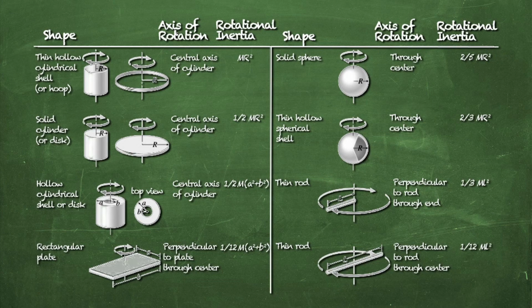The rotational inertia of a solid sphere is 2/5 of its mass times r squared. A hollow sphere, as you can imagine, has a rotational inertia that's a little bit higher. It's 2/3 of its mass times r squared.